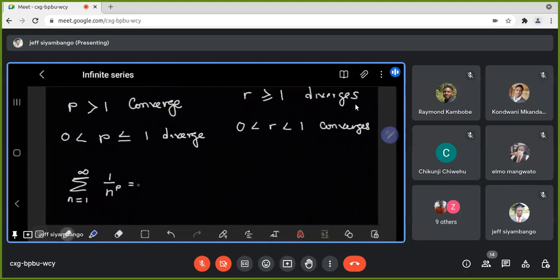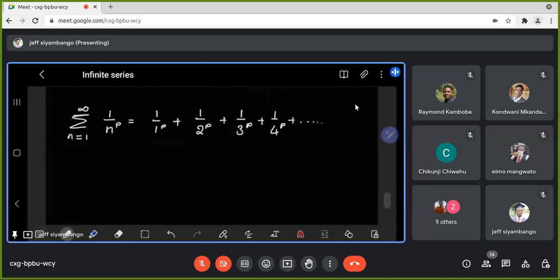The first few terms: when n is 1, you have 1 over 1 to the power p, which is still just 1, plus when n is 2, you have 1 over 2 to the power p, and then when n is 3, you have 1 over 3 to the power p, and 1 over 4 to the power p, and so on.